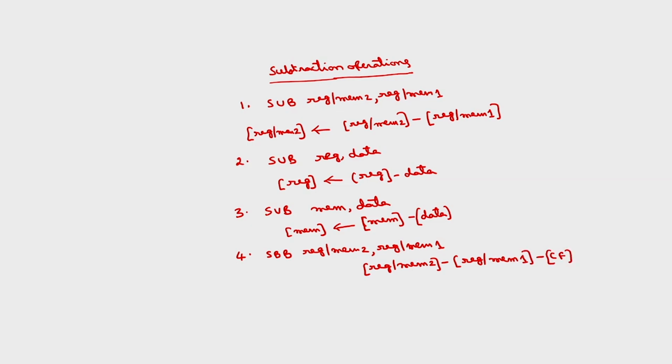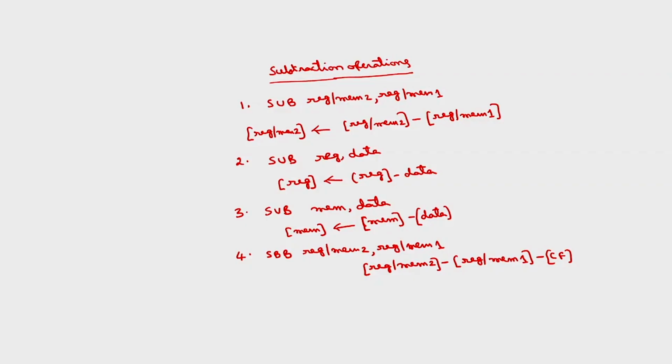So, in case of ADC the carry flag is added, in case of subtraction with borrow the carry flag will be subtracted, because for the carry flag to be set during addition, a carry has to be generated, and during subtraction a borrow is required. This means if the subtrahend is more than the minuend, then the carry flag will be set; there is no separate borrow flag. So, that is why the carry flag status will be subtracted here. This will be stored in register/memory 2.